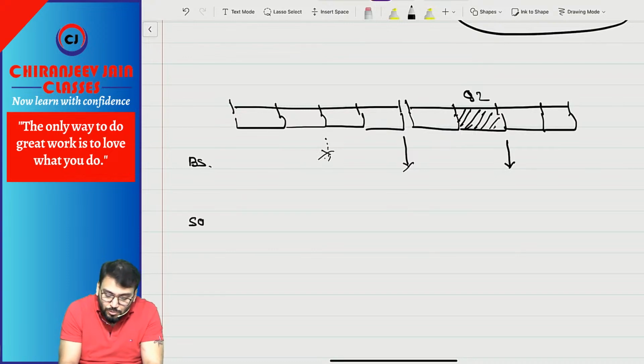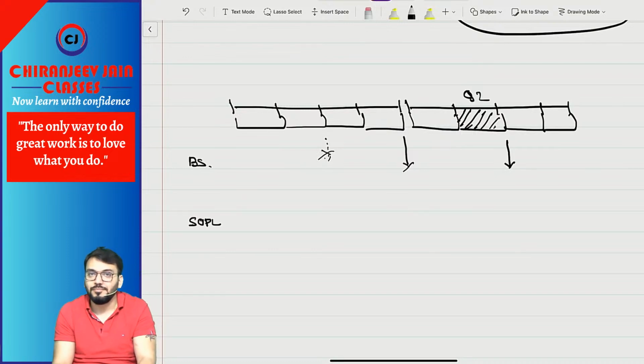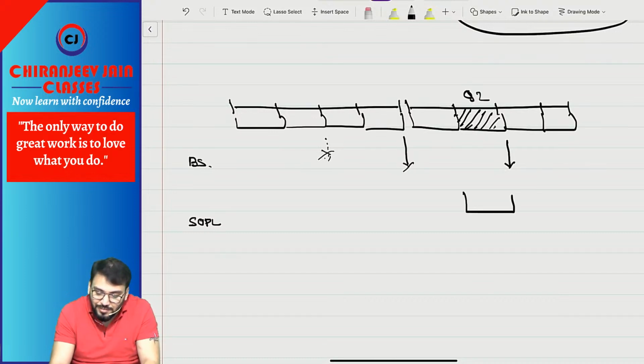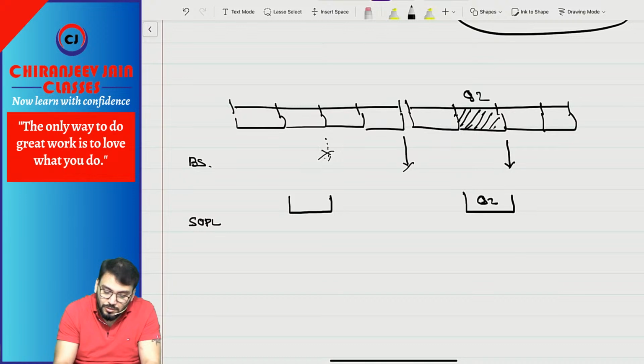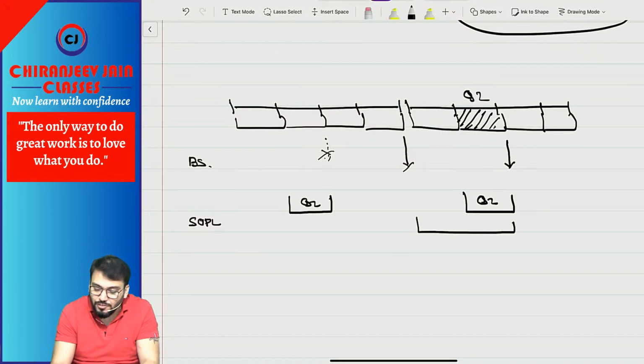Then we need to prepare 4 SOPL. One is for the current quarter and the corresponding previous year quarter. Means Q2 and Q2. And one we need to prepare SOPL from year to date. We call it what?